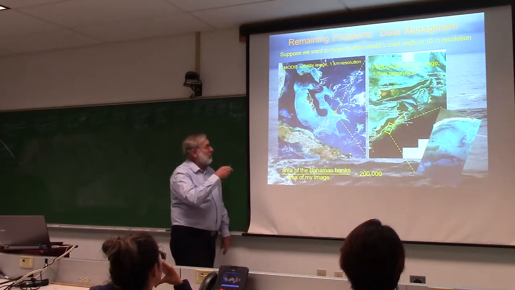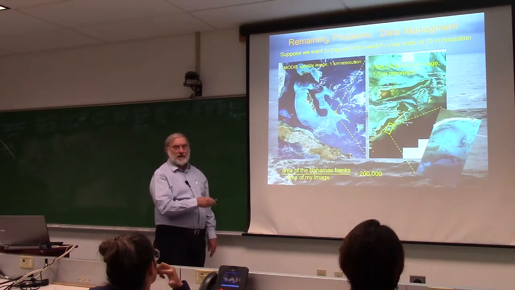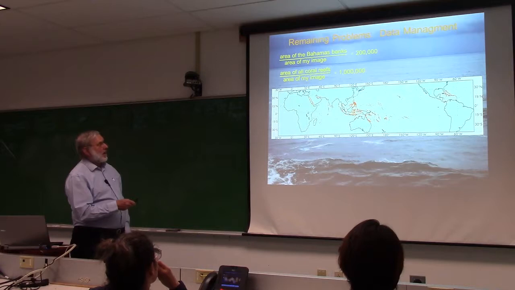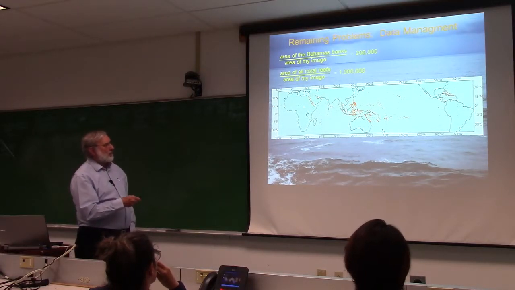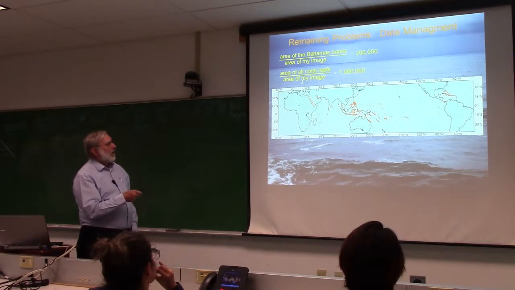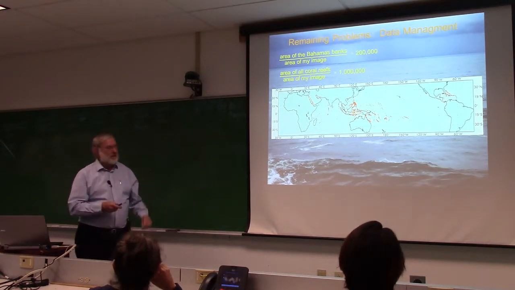And yeah, you could fly your airplane back and forth in a couple of weeks and image that whole area. And then you think, well, I need to do all of the world's coral reefs, which are shown here. Like all of the world's coral reefs are about 1 million times more than my one little image.